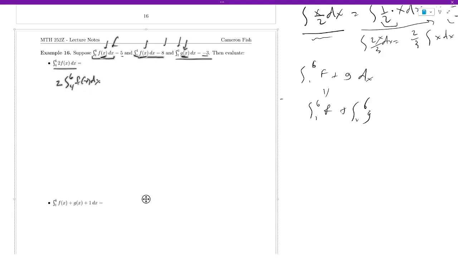Okay, how can I deal with this? It's from 4 to 6. I don't have a 4 to 6 up here. Well, I don't have a 4 to 6 specifically, but I do have a 6 and a 4, and in fact, those are both connected to 1.